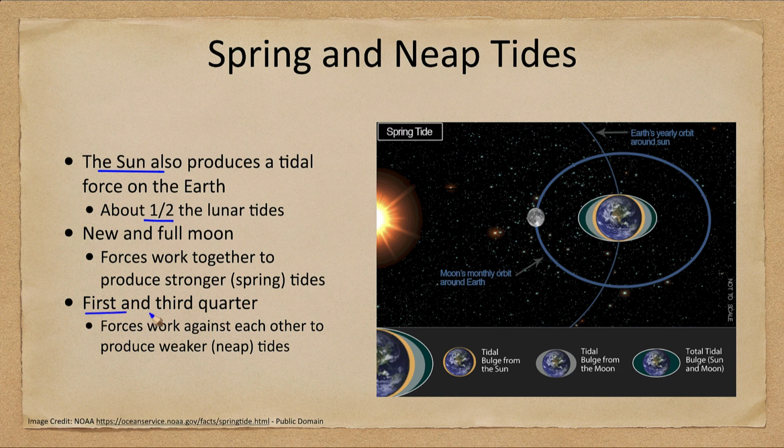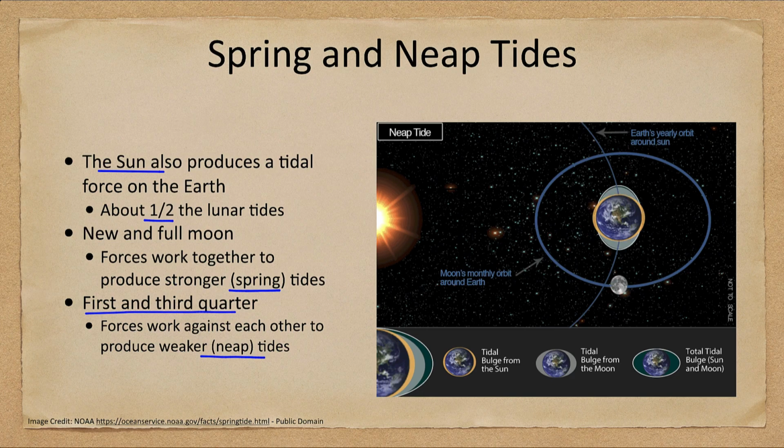At first and third quarter moon, the forces work against each other. The moon is pulling tides in one direction, the sun in the other, and we get lower tides than we would otherwise get. The stronger tides at new and full moon are called the spring tides, and the weaker tides at first and third quarter moon are called the neap tides.